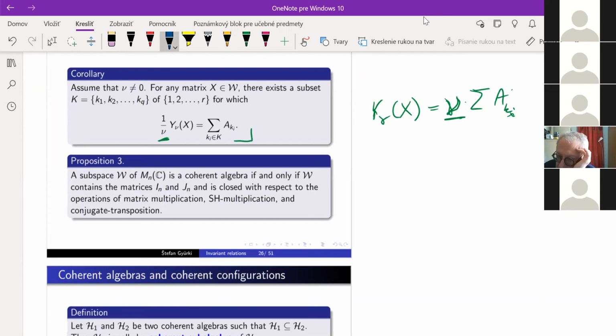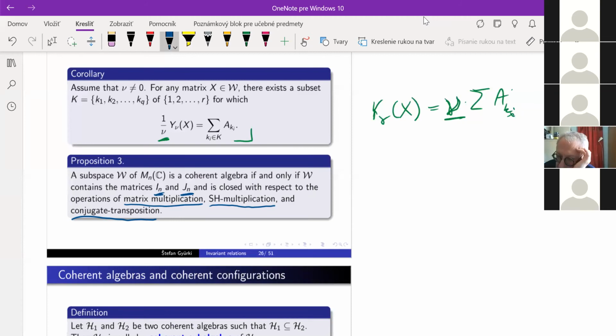We know that a subspace of the matrix algebra over the complex field is a coherent algebra if and only if it contains the identity matrix and the all-ones matrix, it is closed under the usual matrix multiplication, it is closed also under the Schur-Hadamard multiplication, and it is also closed under transposition, conjugate transposition when we are working with the complex field.